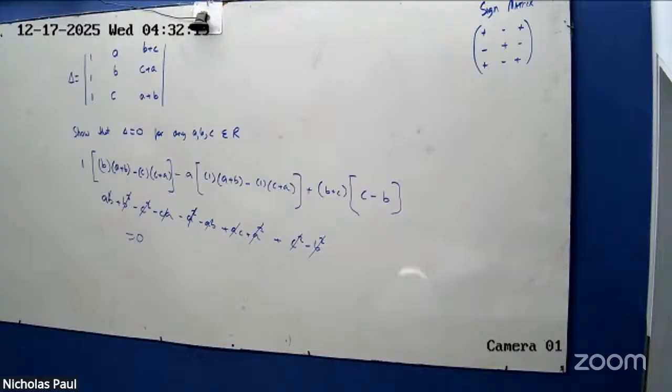Next one. Multiplying a row or column by a constant k.